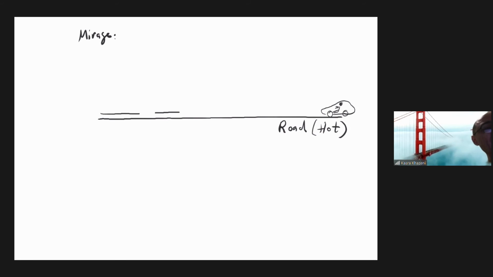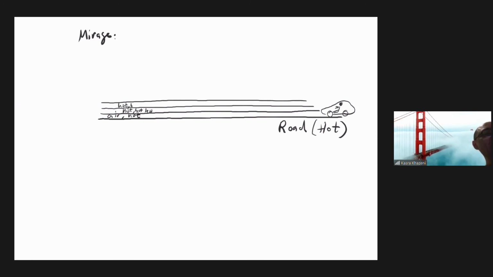All right, so let's look at this small layer of air that is in contact with the road. Obviously, if it is in contact with the road, it's going to get hot. So this layer of air is hot. Now, the next layer of air on top of the first one is hot, but less hot, because it's farther away from the very hot road. It's only touching the hot air. And as you go up, it's hot, but even less.